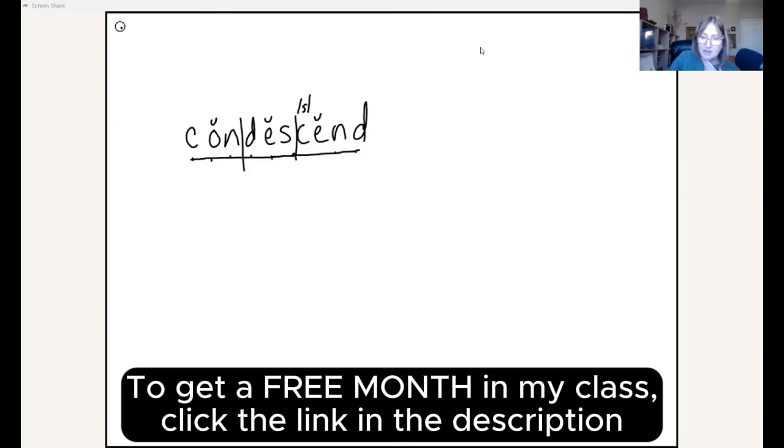So if here we have, with this C sounding like an S because that E is there, these two letters making one sound, then our sounds are k, ah, n, d, s, n, d.